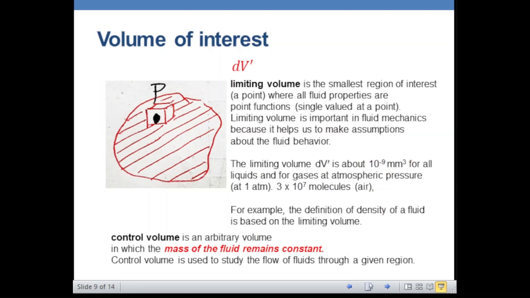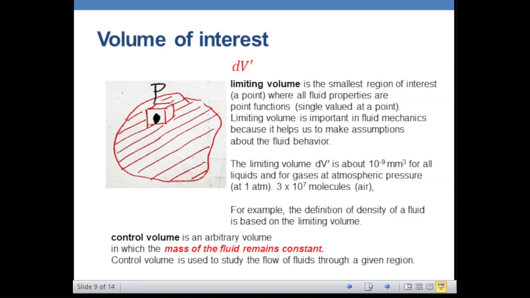So dv prime is actually the limiting volume, as I said a while ago. That is the smallest region of interest where all fluid properties are point functions. And limiting volume is important in fluid mechanics because it helps us make assumptions about the fluid behavior.